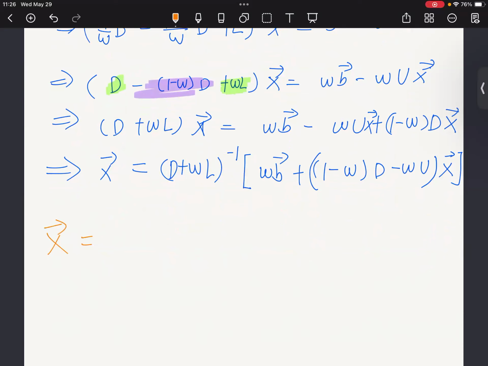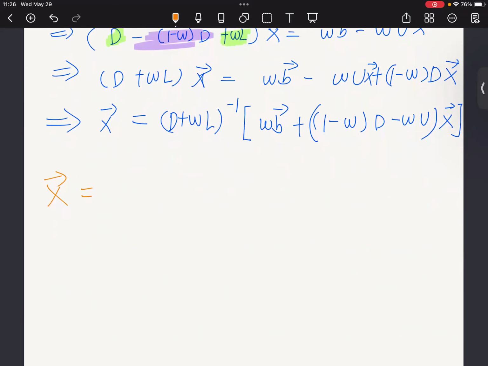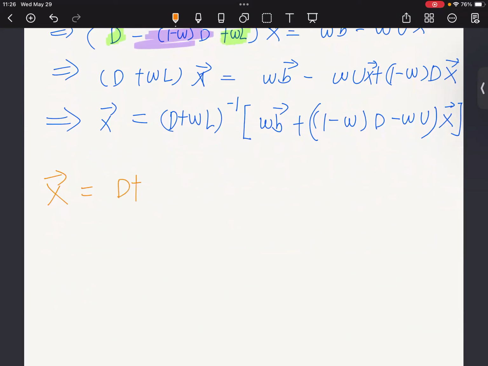So what is very important in the relaxation method is the omega, the weight. We split the D into two parts, omega and 1 minus omega. So now the right-hand side is the K iteration: omega B here, and then plus the 1 minus omega D minus omega U, and the X K minus 1.